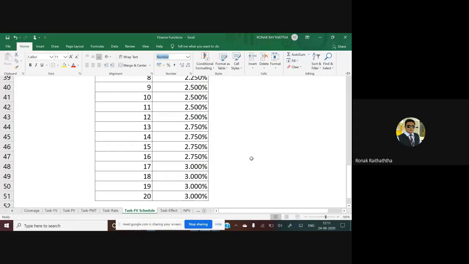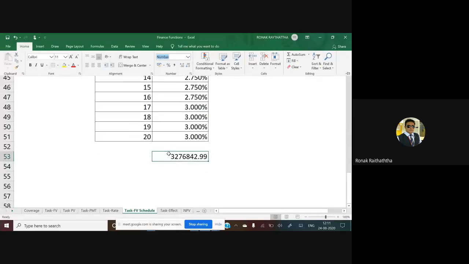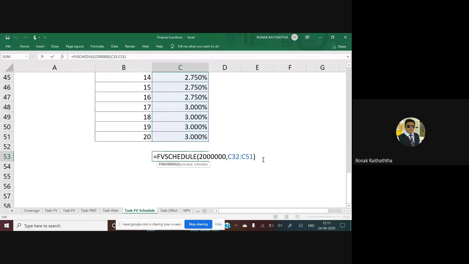Is it clear, all of you? Shall I move ahead? This is how the syntax would be looking like. Check it out.